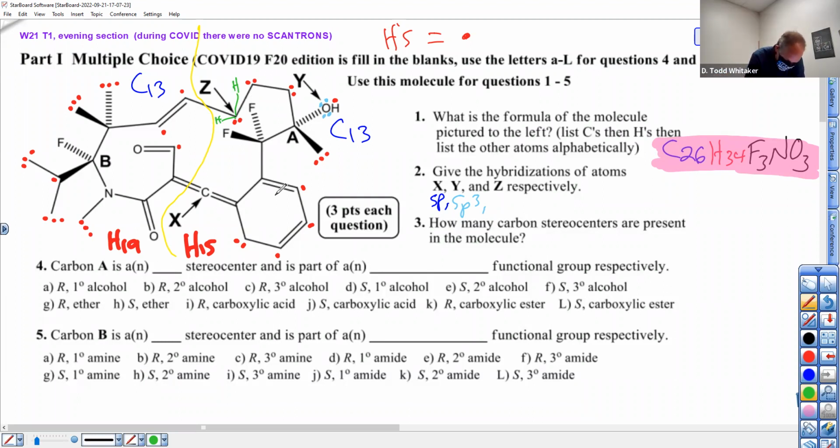Also sp3. This is real important. To know those red dots, you gotta know their H's. Okay. There's your answer. Highlight, just give me that answer.